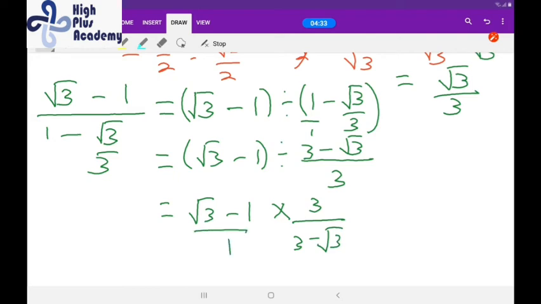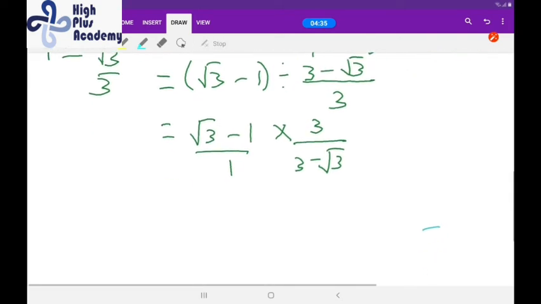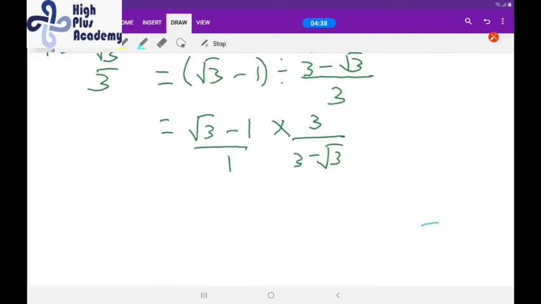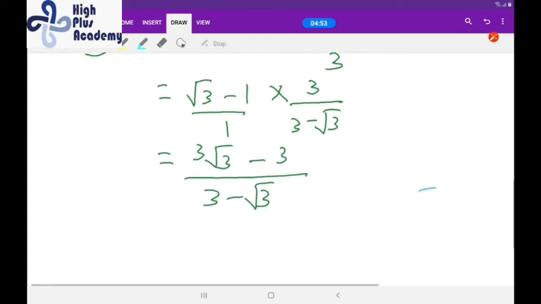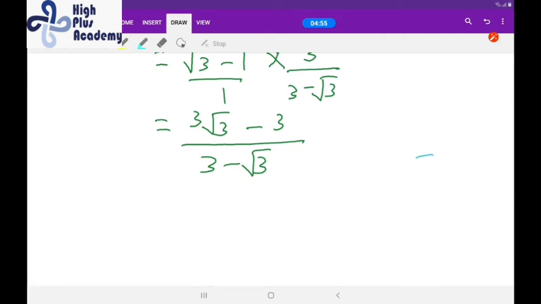This is a question on its own. At this stage, you can be asked to do that as well. And that is 3 times root 3, 3 root 3 minus 3, and everything over 3 minus root 3. Anytime you come to this stage, it is a question on its own. Like I said, you should simplify this.